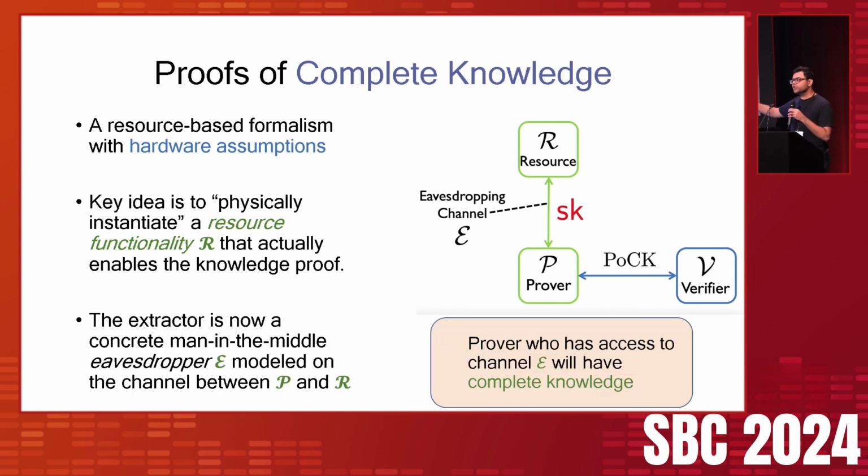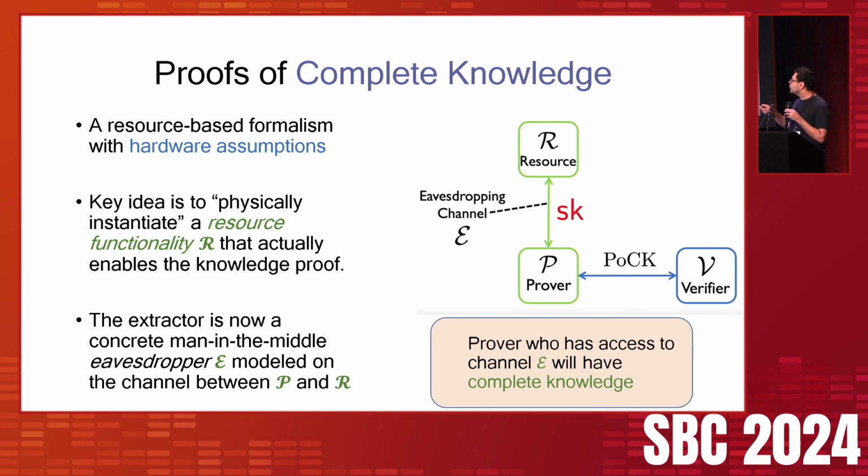And the extractor, instead of being a theoretical construct, is now actually thought of as an eavesdropper, man-in-the-middle entity that's modeled on the channel between the prover and the resource. So the idea here is that if the extractor learns the secret, then the prover or any machine that has access to this communication channel will have complete knowledge of the secret.